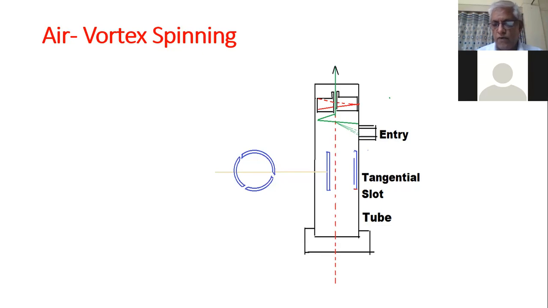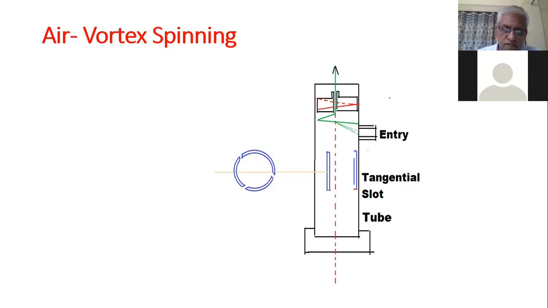We are not able to get the sufficient strength in the yarn because of the variation in the twist also. So variability in the twist is there, and uniformity is also not constant. So that's why the strength is lesser than the ring frame yarn.